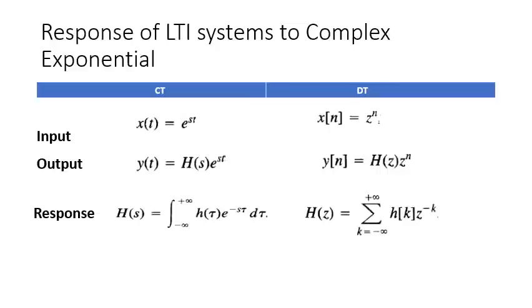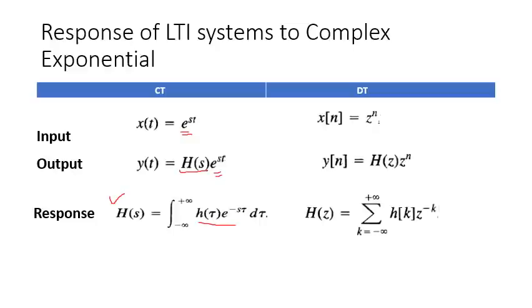Here we have a comparison of how continuous time and discrete time differ. We have the input signal e power st, so the output is e power st times h of s, which is a complex amplitude factor or complex scaling factor. For continuous time, h of s is found by multiplying the impulse response with e power minus st and integrating from minus infinity to infinity.